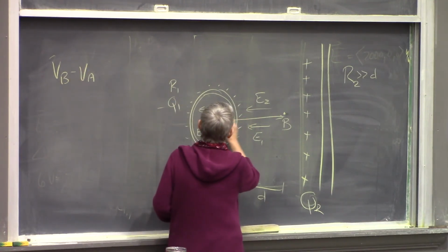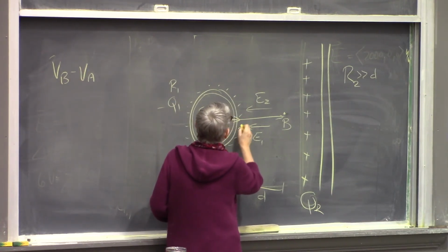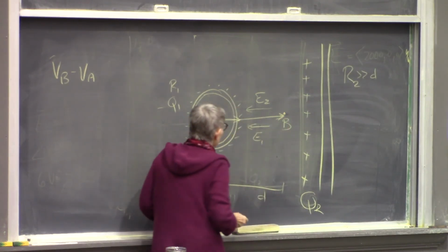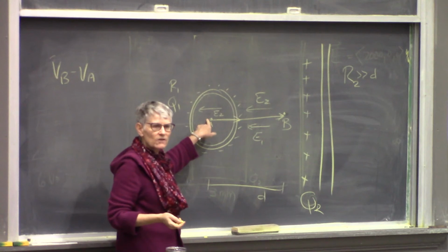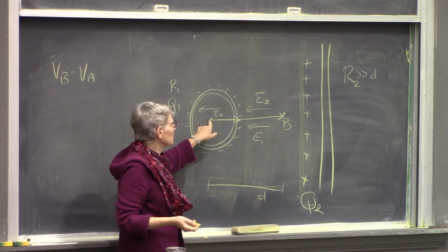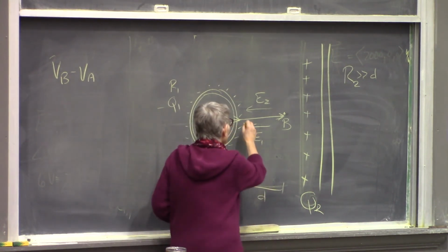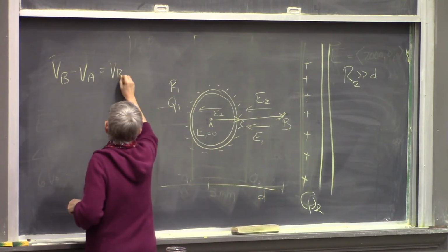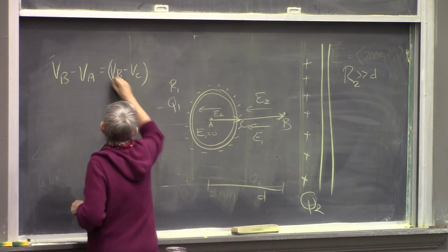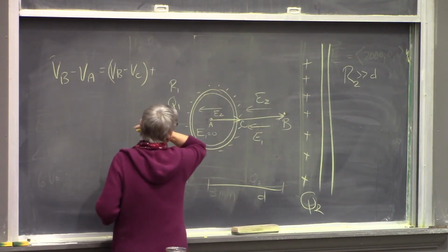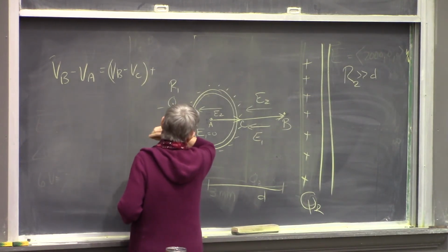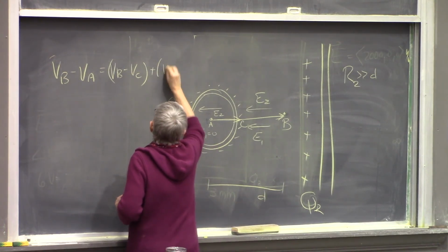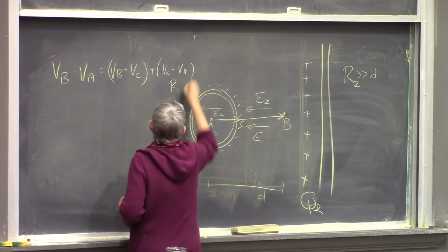So we have piece 1 of our path here, and then piece 2 of our path, inside the sphere, and then we're just going to add it up. So we'll call that location C. We just made it up. So that's VB minus VC plus VC minus VA.